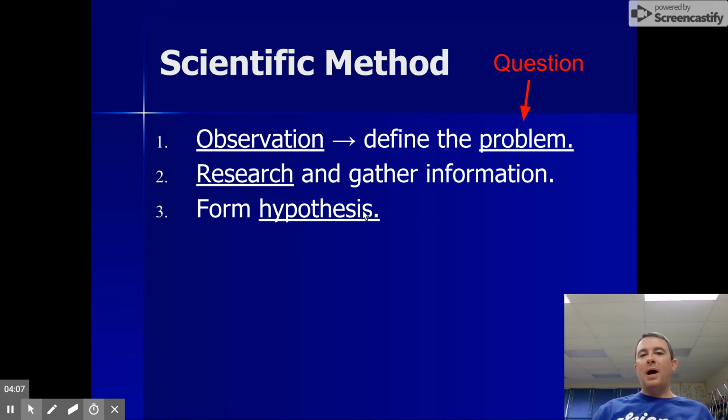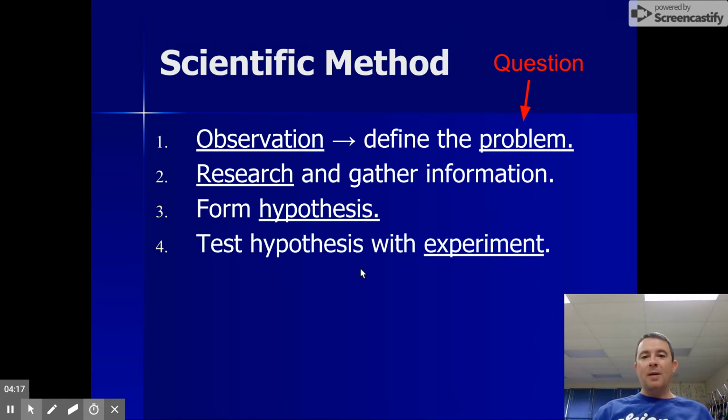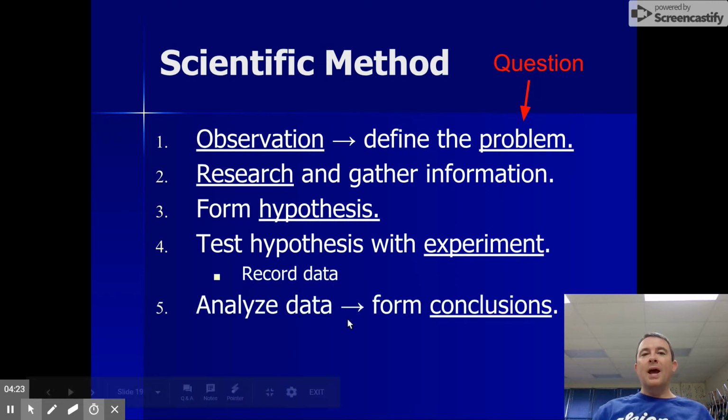After you have a hypothesis, which is a possible, maybe even probable explanation for your problem, you then must test that hypothesis with an experiment that involves recording data. And then you're going to analyze that data to form a conclusion.